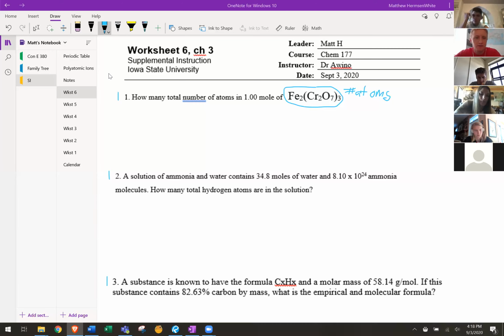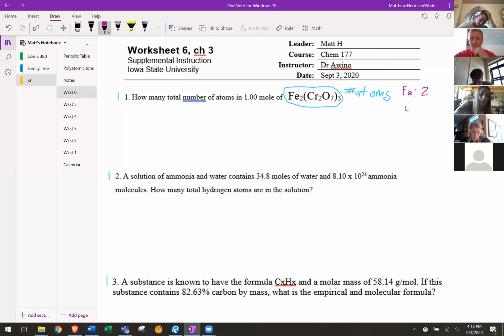Okay, so we can start working on these together. If you're stuck or you didn't finish, that's completely fine. Number one, how many total atoms are in 1 mole of Fe2(Cr2O7)3? This is iron dichromate. Cr2O7 is one of the polyatomic ions. Let's add up the total number of atoms in 1 molecule. The 2 here means we have 2 irons.